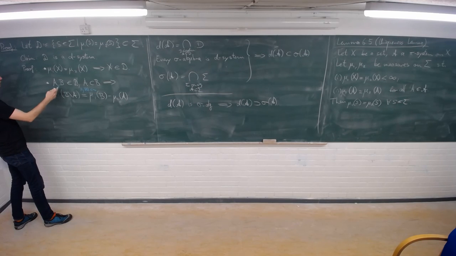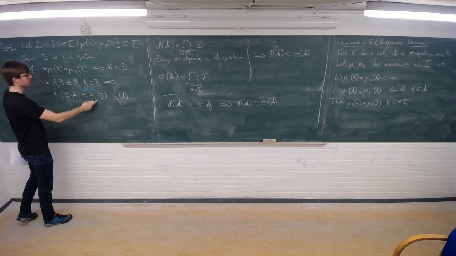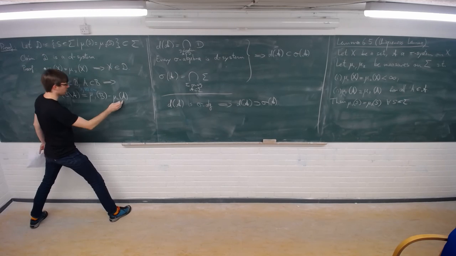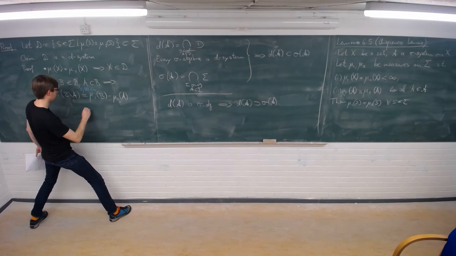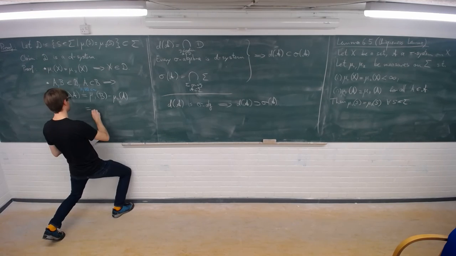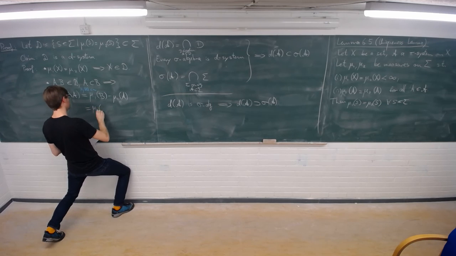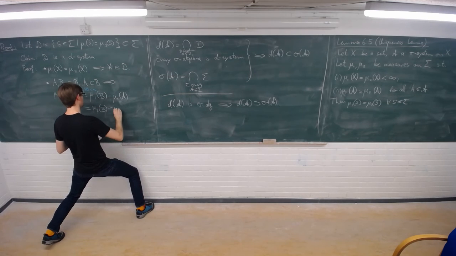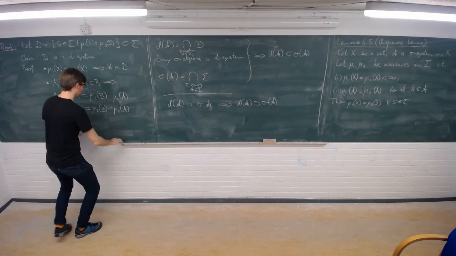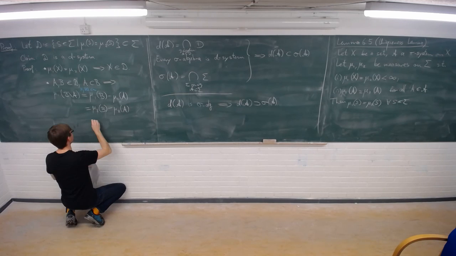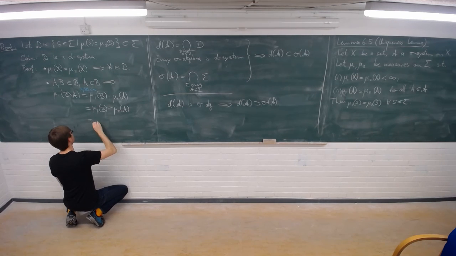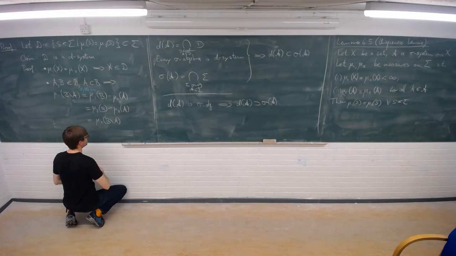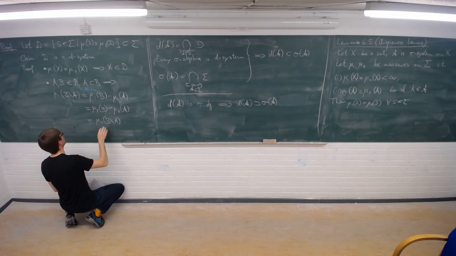Okay, but now we know A and B are in D, so mu1 of B is equal to mu2 of B, and mu1 of A is equal to mu2 of A. So this is equal to mu2 of B minus mu2 of A. And now we use this formula again to conclude that this is equal to mu2 of B minus A. And of course, in this last equality, we've used that mu2 of X is finite.